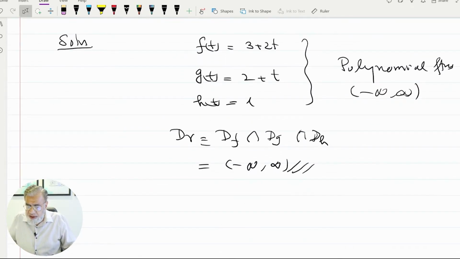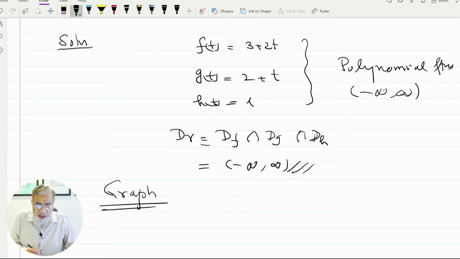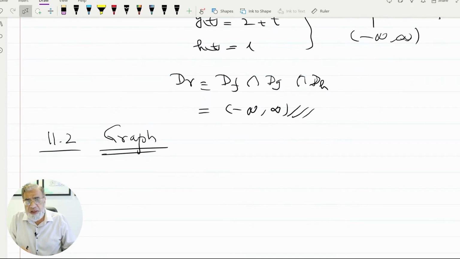Moving further, we can also sketch these functions. I take an example for this one. For sketching, we can show the graph of the function. This is 11.2. When we want to sketch the graph of the function, first we define the functions in terms of x, y, and z, and then we can see how we can sketch the graph, or describe our function. We can say what this function represents. So I take an example for this one.